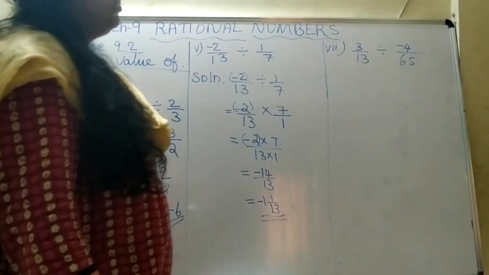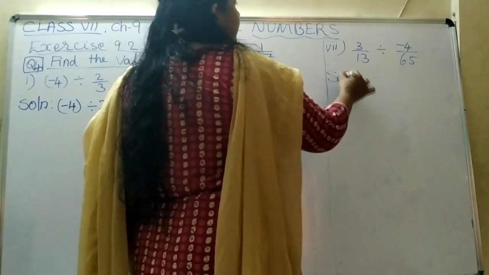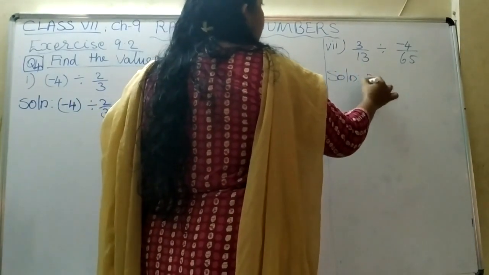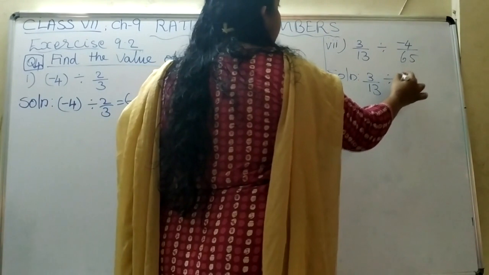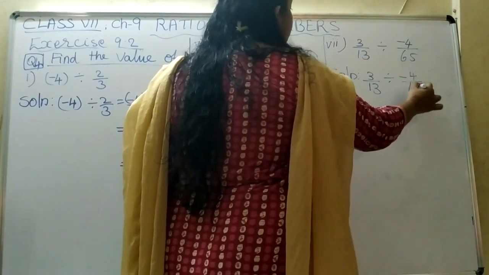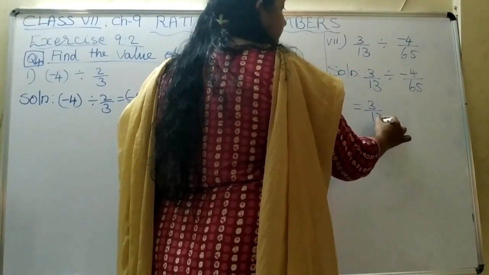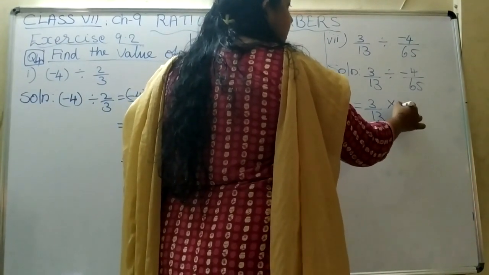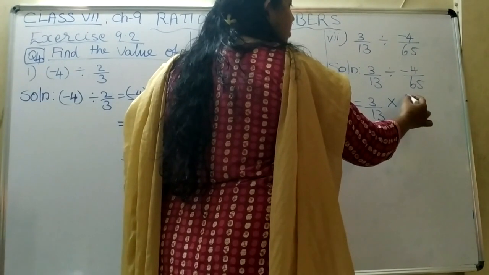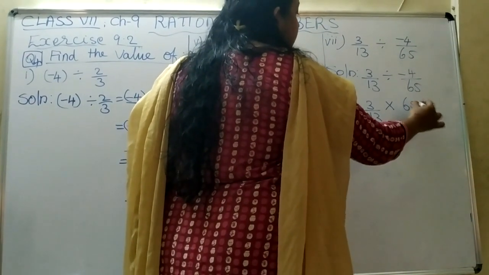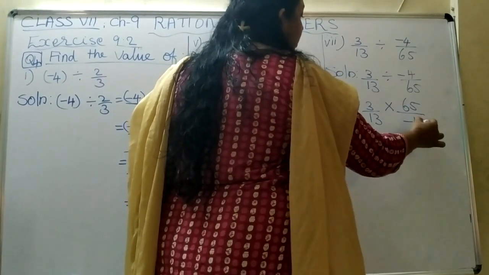Next is question number 7. 3 upon 13 divided by minus 4 upon 65 equals 3 upon 13 multiplied by the reciprocal of minus 4 upon 65, that is 65 upon minus 4.